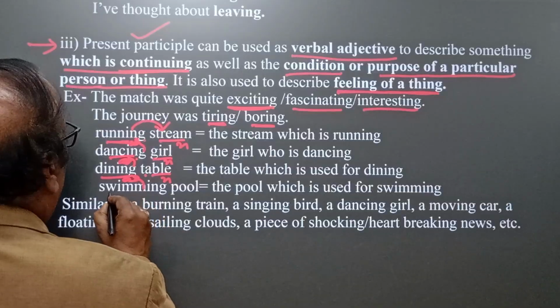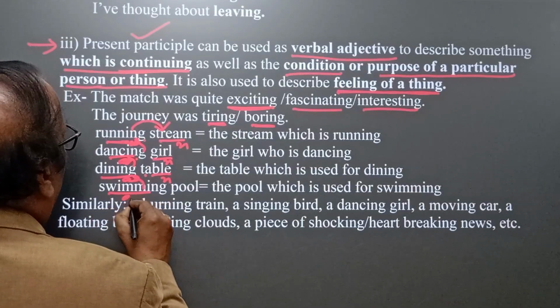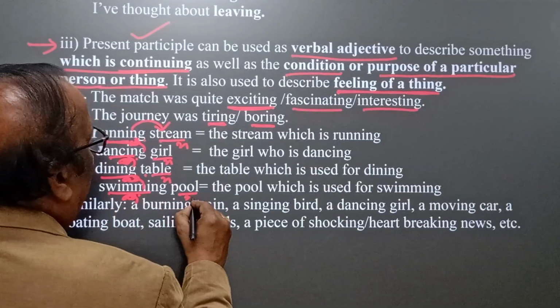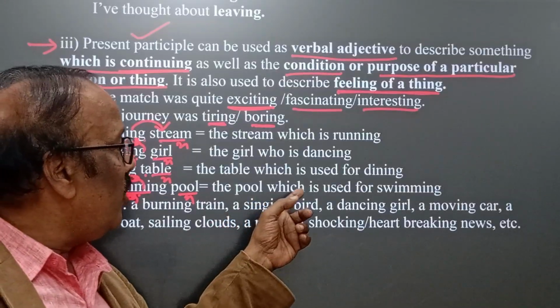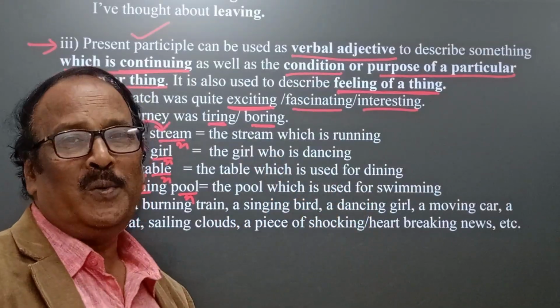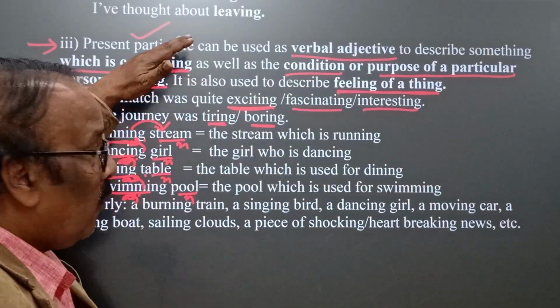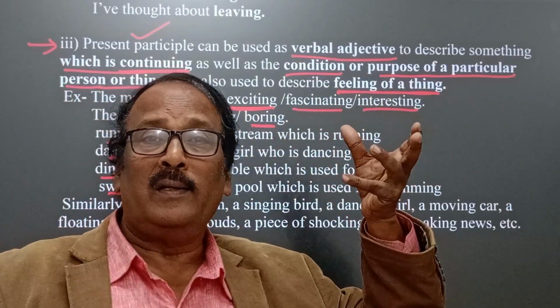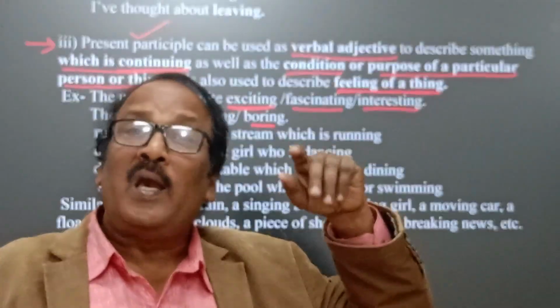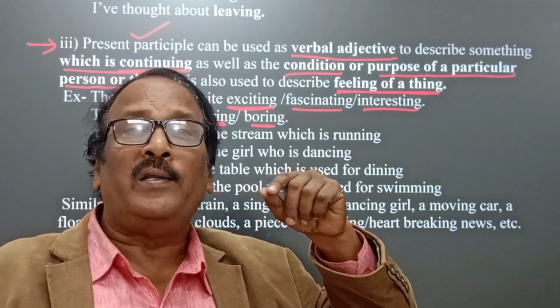Swimming pool. Here we find swimming is an adjective, and pool is the noun, a pool which is used for swimming. Yes, this is how we find that present participle can also be used as an adjective.